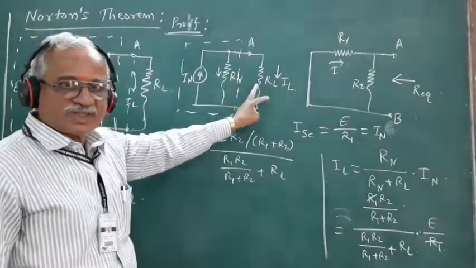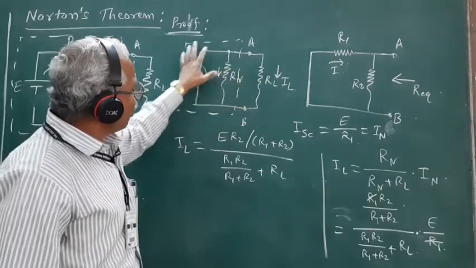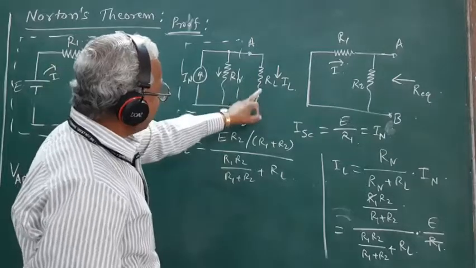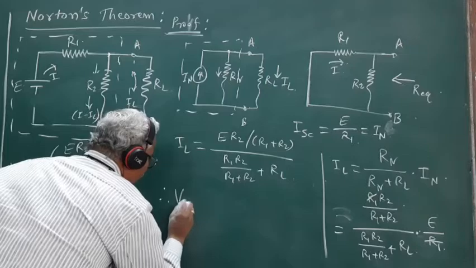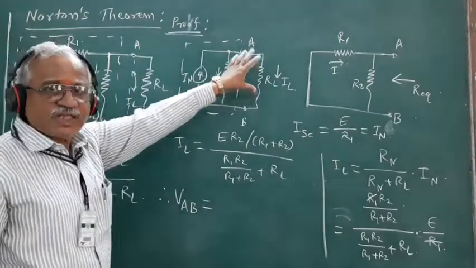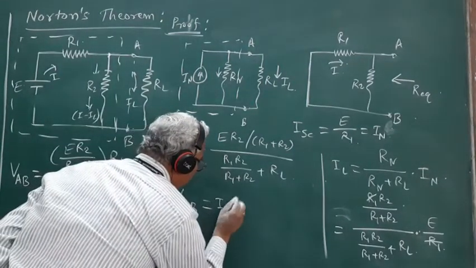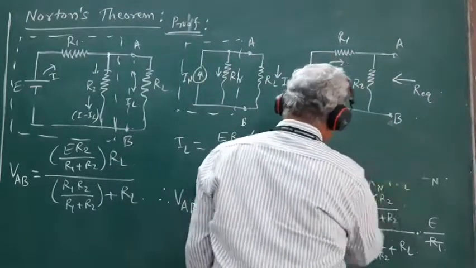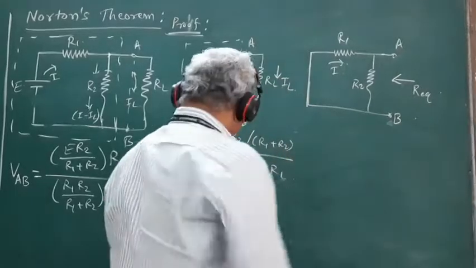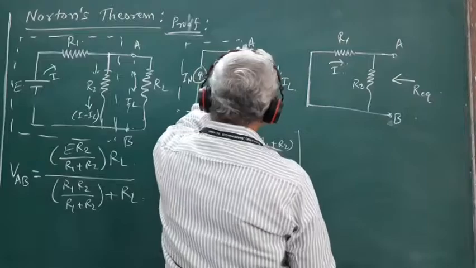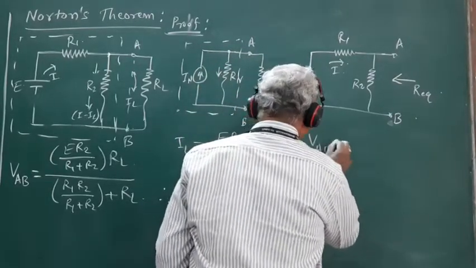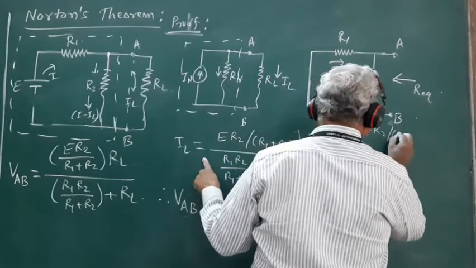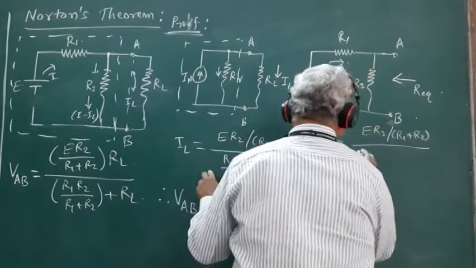The current going to the load resistance RL when there is the Norton equivalent circuit connected to the left of the terminals A and B. So once we know the current IL flowing through this load resistance RL, the potential drop across the terminals A and B, that is across the load resistance, is nothing but equal to the product of IL and R. So using this expression for IL here, we get the expression for the potential drop across the load resistance RL when there is a Norton equivalent circuit connected to the left of the terminals A and B. So VAB is equal to E R2 R by R1 R2 plus R times R1 plus R2.